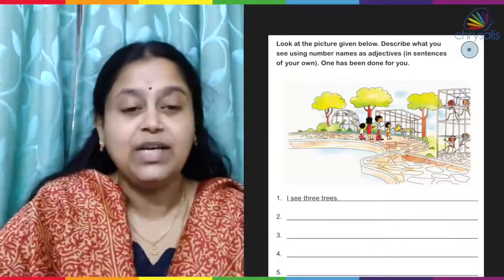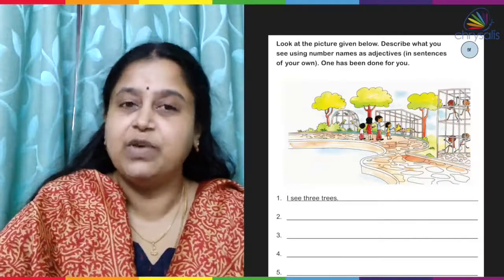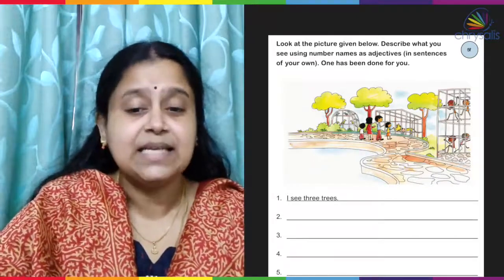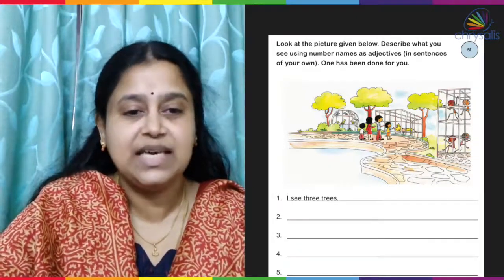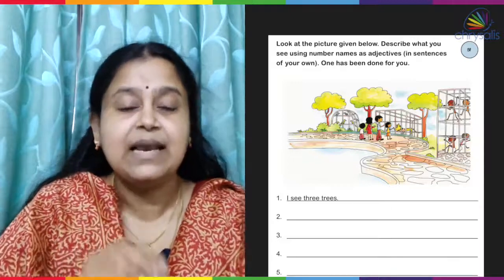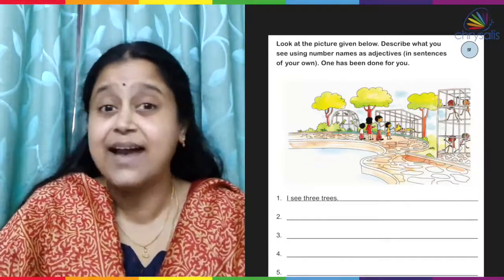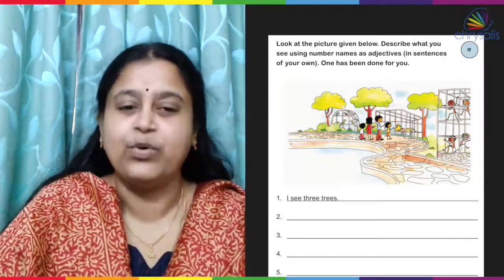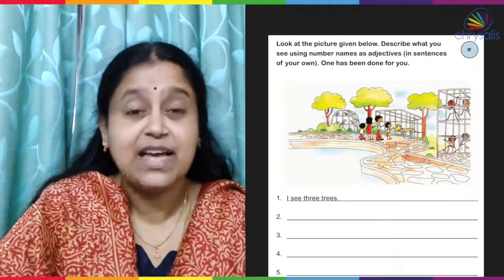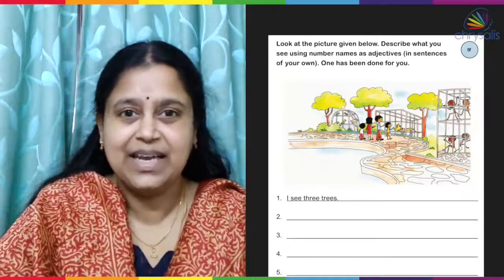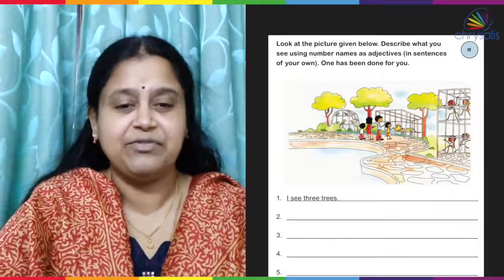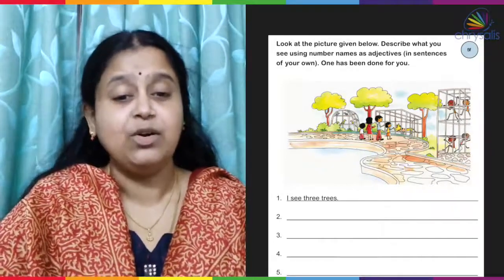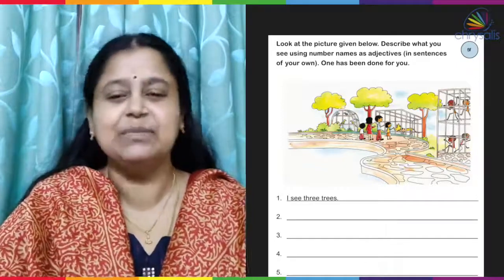Now look at the picture given below. Describe what you see using number names as adjectives in sentences of your own. One has been done for you as an example in the activity 5F. I'm sure all of you will find it very simple.